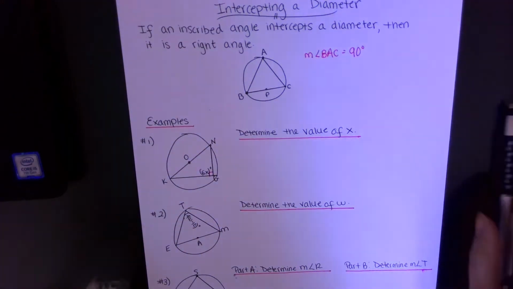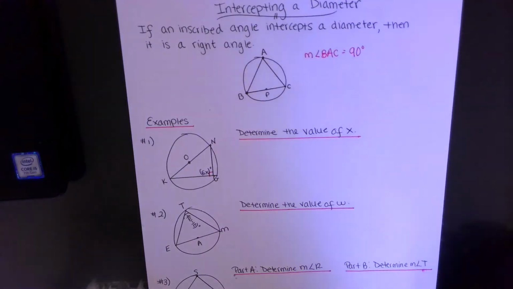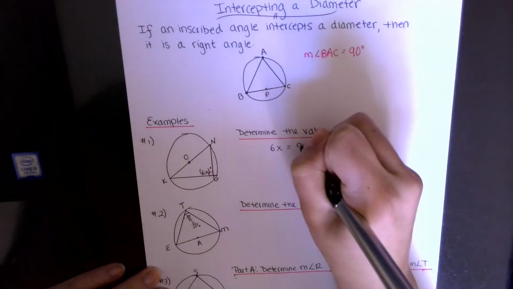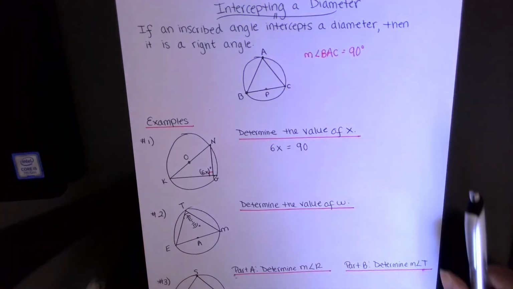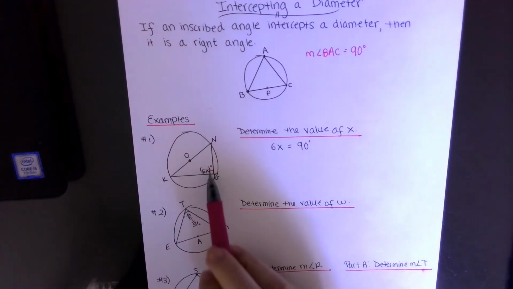And what do we recall about a right angle? It's equal to 90 degrees. So 6x equals 90. This angle has to be 90 degrees.